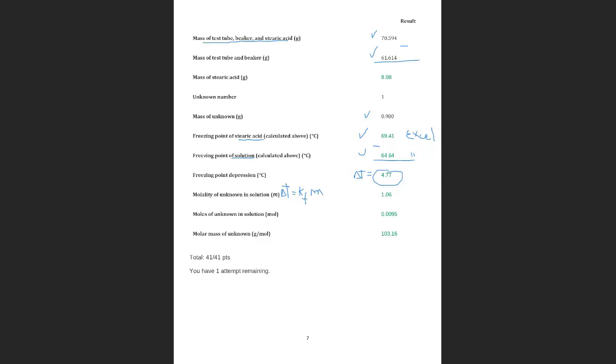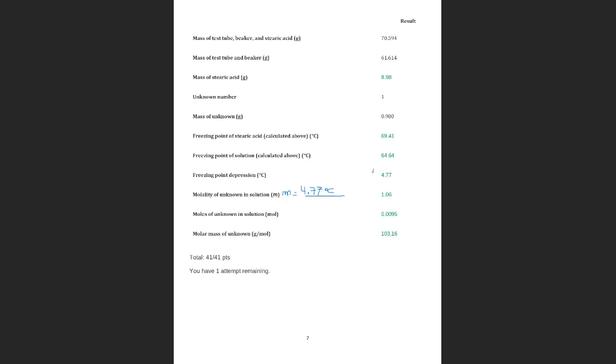So when you have to calculate the molality, it's going to be the delta T, in my case, 4.77. This one, divided by what?